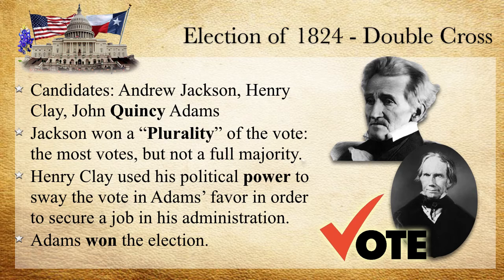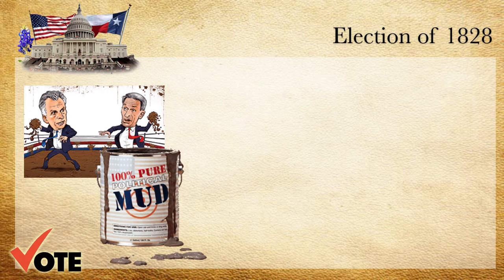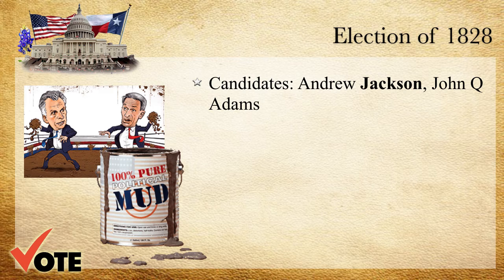Andrew Jackson isn't happy. So when it comes around in 4 years and John Quincy Adams is up for re-election, guess who we see? That's right, Andrew Jackson. And he's not happy. And the gloves come off and they sling mud at each other, verbally, not physically. They make fun of each other. They talk bad about each other. This is the time period where Andrew Jackson is being called, we'll just say a donkey.